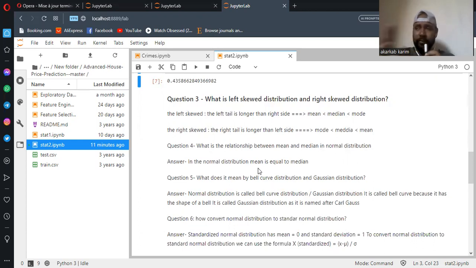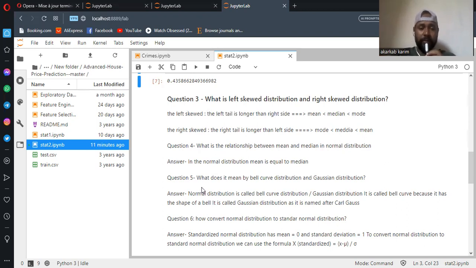We don't have a right or left side. The data is concentrated in the middle of this shape, a bit like a bell curve. We also have the standard normal distribution, and we will review the reasons why we use the standard normal distribution, not the normal distribution, also because we have an infinity of values. I will discuss that in the next sessions.